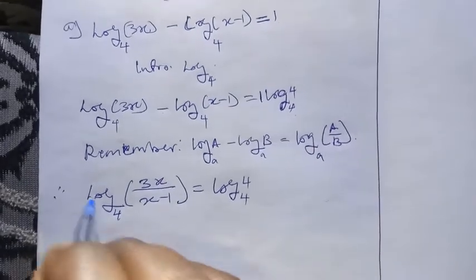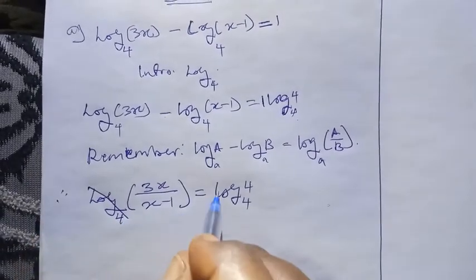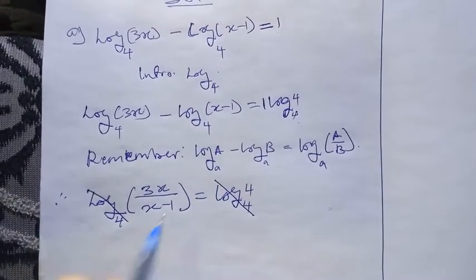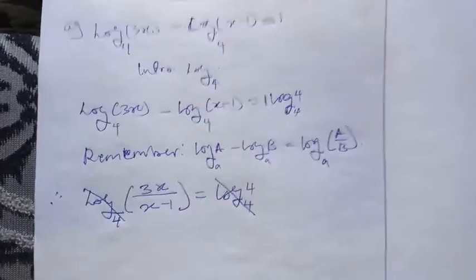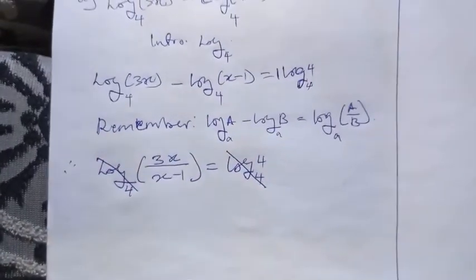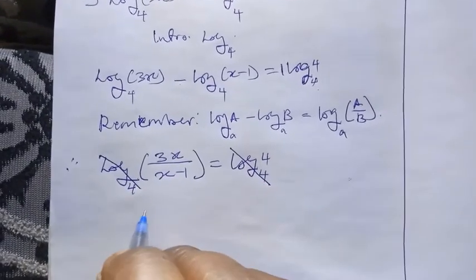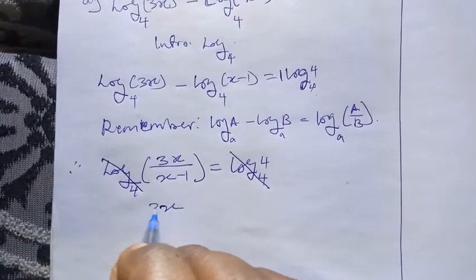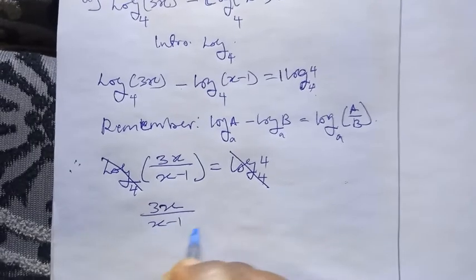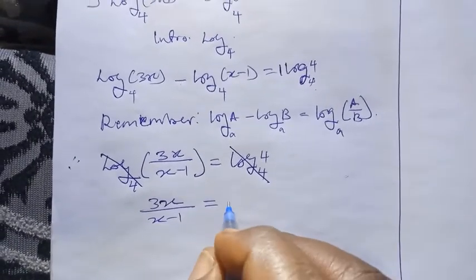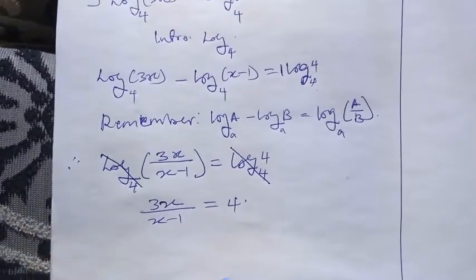See that? This is simple. So this will go off with this because they are now single logs on both sides. I can now cancel out. Log base 4 goes off with log base 4, and so I'm left with 3x over x minus 1 is equal to 4.